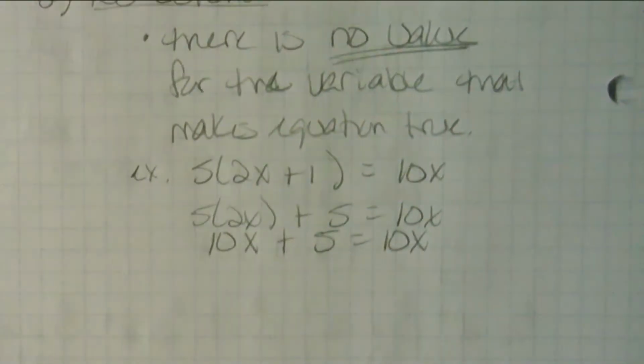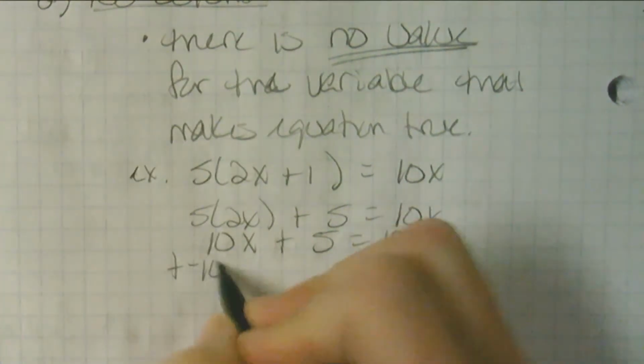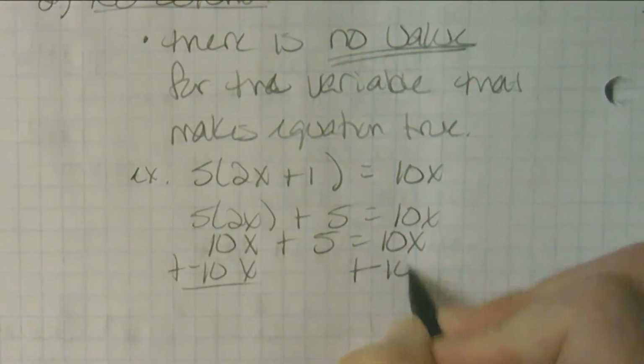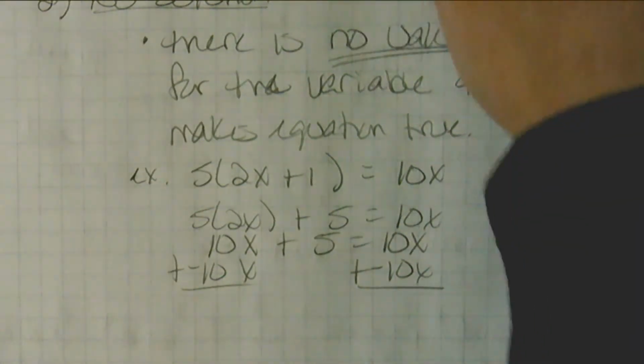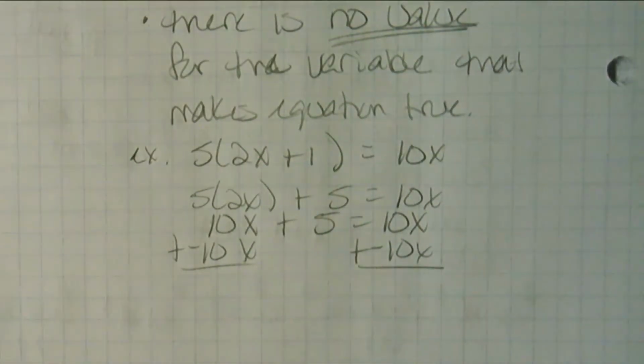How many of you got to 10x plus 5 equals 10x? All right. How many of you guys subtracted 10x from both sides, or added a negative 10x? What did you find happened? Sophia? That when you added a negative 10x, there is something on the right side.